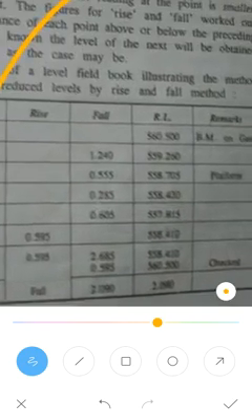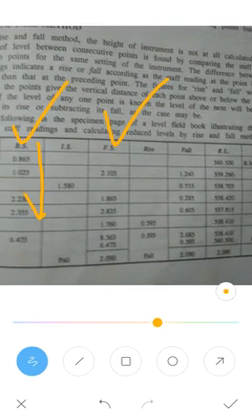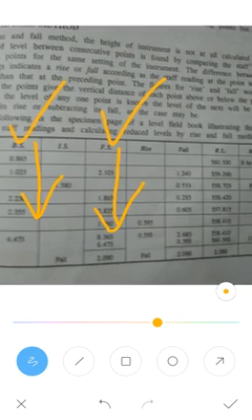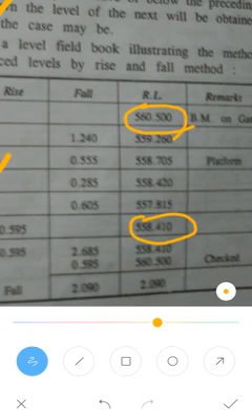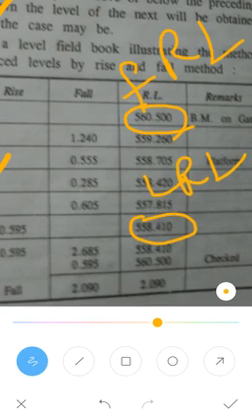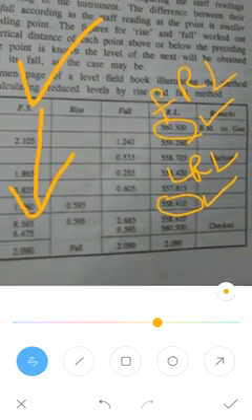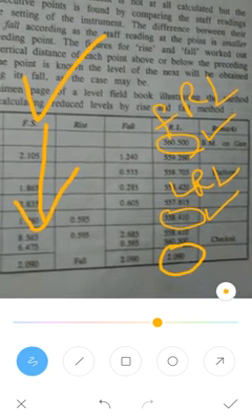Same thing here also: add all the back sights together, all the foresights together, and take the last RL, 558.410, and the first RL, 560.500. These two you have to subtract.